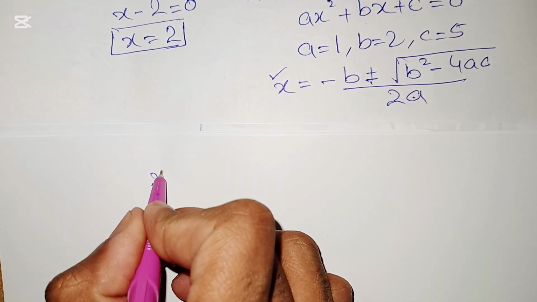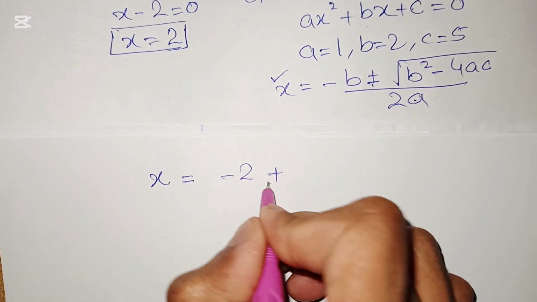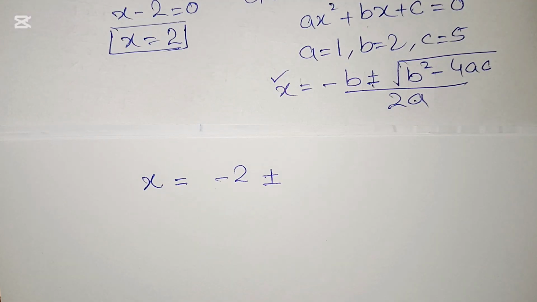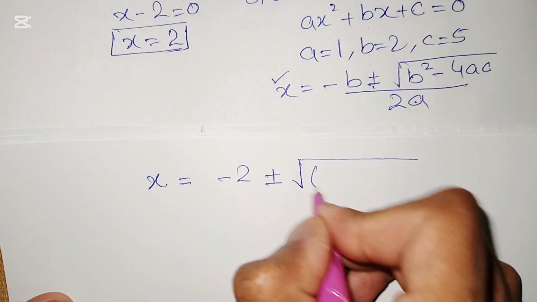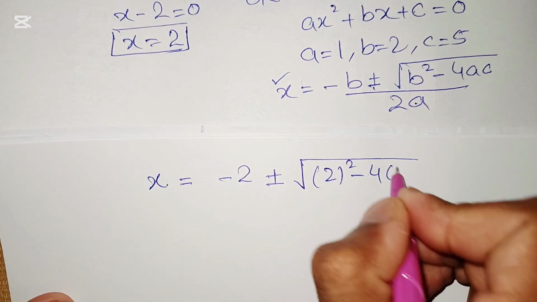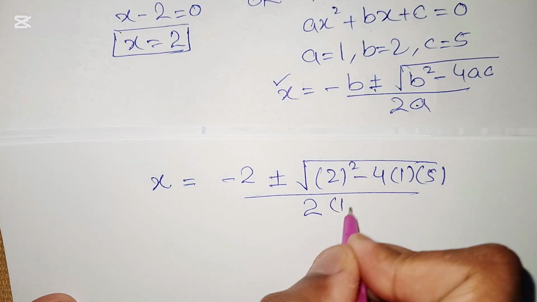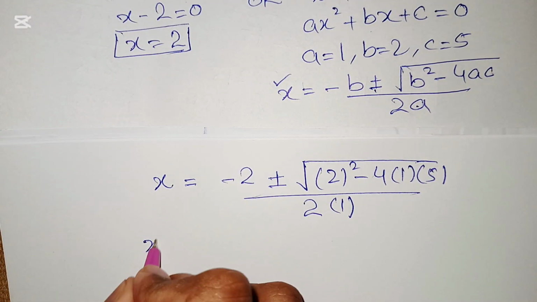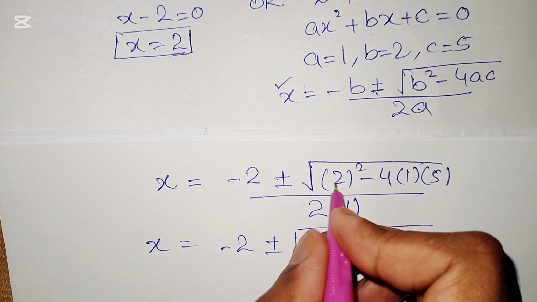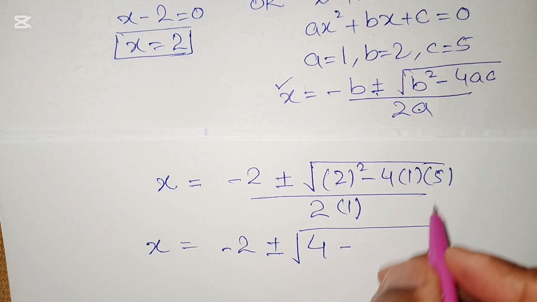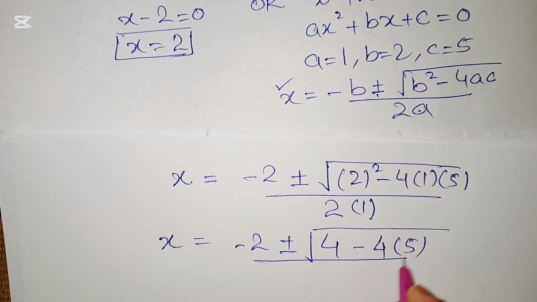Now x equals minus 2 plus minus square root of 2 square minus 4 into a is 1, c is 5, all over 2a is 1. So x will be equal to -2 plus minus square root of 2 square is 4, minus 4 into 5, all over 2.